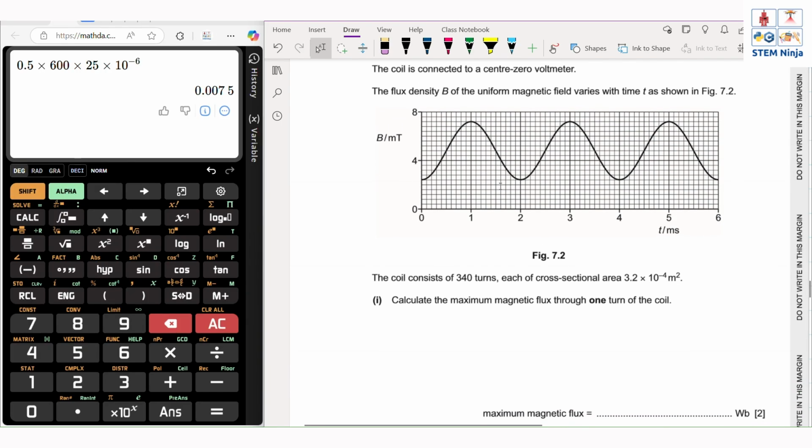Okay, so what we can do over here, since they said one turn of the coil, not the 340 turns, we just have to use BA. When they ask for the entire coil, then we multiply with 340.